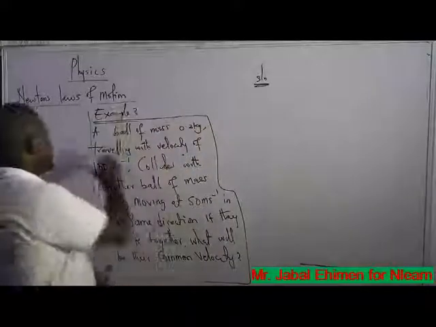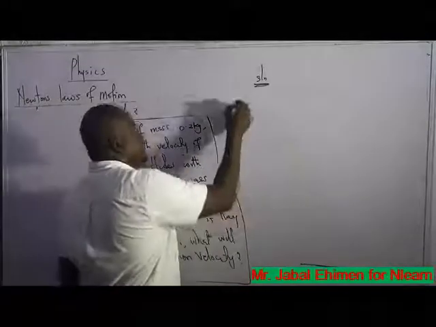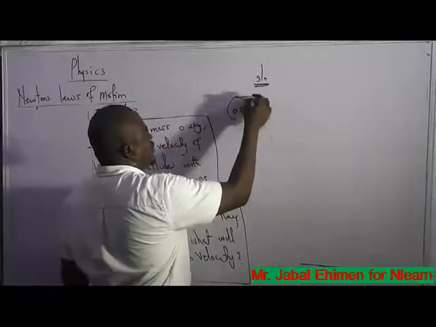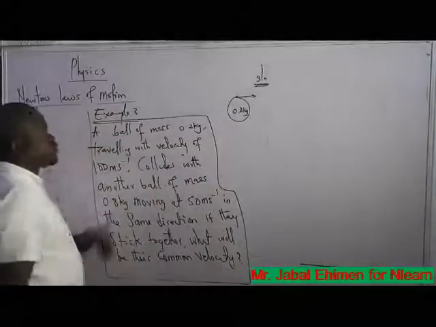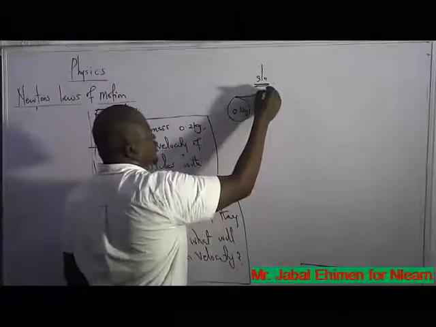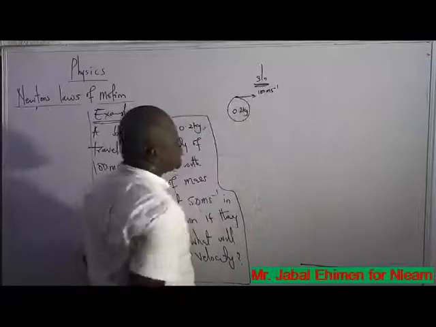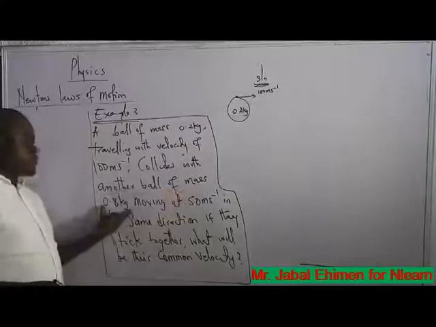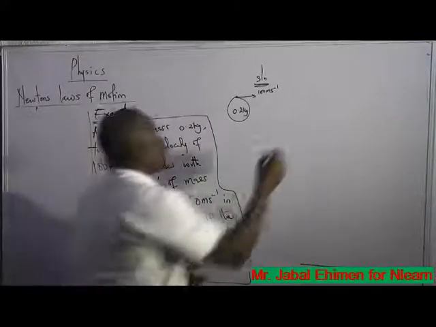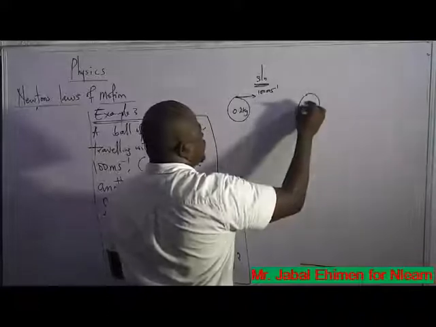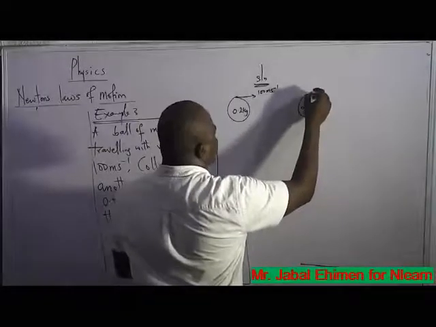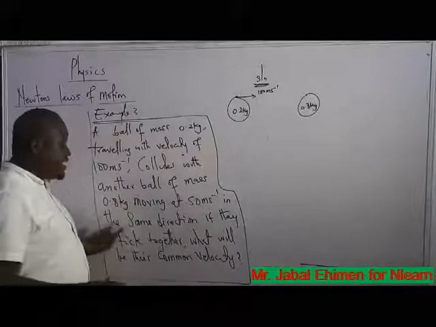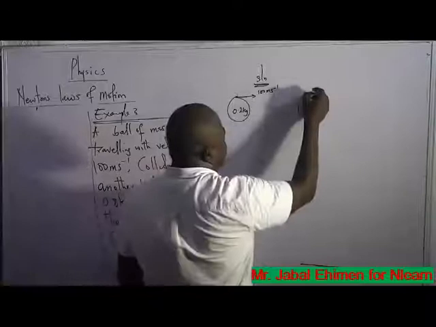Now, first, a ball of mass, let's assume this is the ball, 0.2 kg. It was traveling with 100 meters per second. It collides with another ball of mass 0.8 kg, but it was moving at 50 meters per second in the same direction. Oh, they were going the same direction.